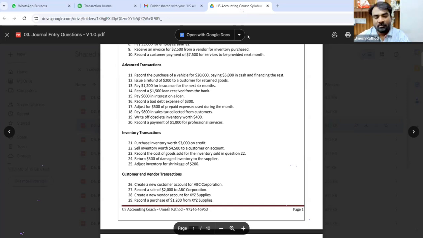What is the COGS? That is simple. You have purchased product of 3,000, and you are selling that at 4,500. So what should be your COGS? 3,000.